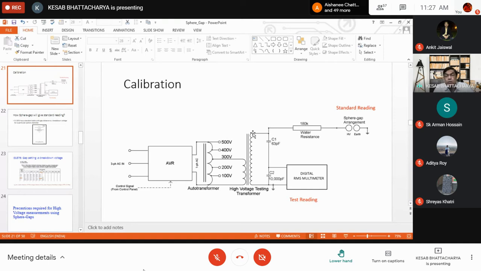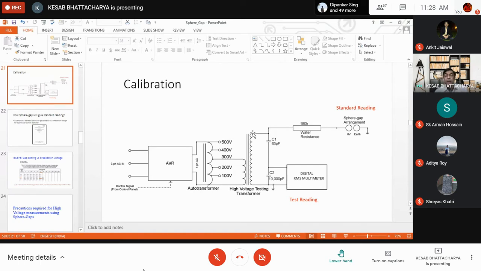Then for C1 and C2, my question is, up to which voltage level, not exactly the magnitude, but approximately, will both C1 and C2 be charged? Can anybody tell me? So V root 2 kV.